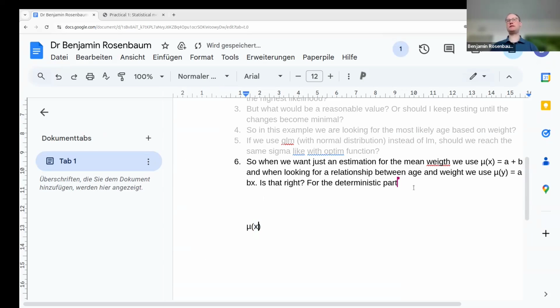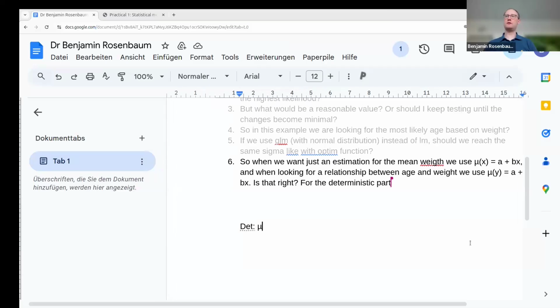So there was no X in this model. So the deterministic part was just fitting the mean mu. So it just had one parameter, right? So you could think of it as just an intercept, but there's no predictor involved.